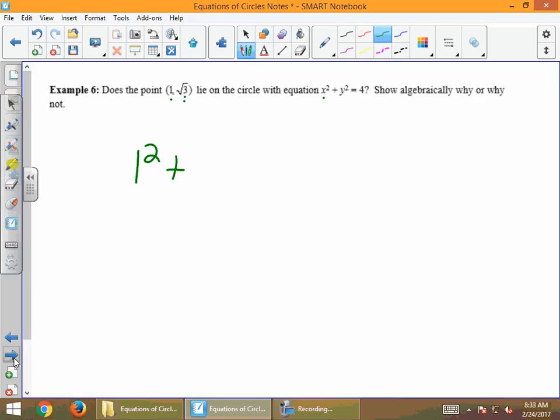You take radical 3, plug it in for y. And then you just simplify it down. Well, 1 squared is 1. When you square a square root, that's like doing the opposite. So it just cancels out the square root and the square, and you're just left with a number underneath.